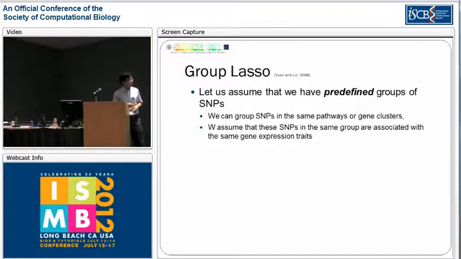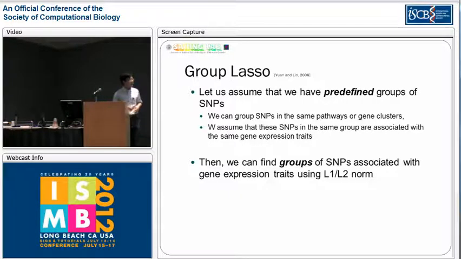You can find the groups of SNPs using other prior biological knowledge as well. But here the important point is that we have predefined groups of SNPs. Then we can find groups of SNPs which are associated with gene expression traits using the R1 and R2 norm.